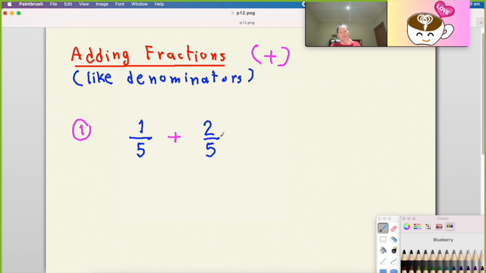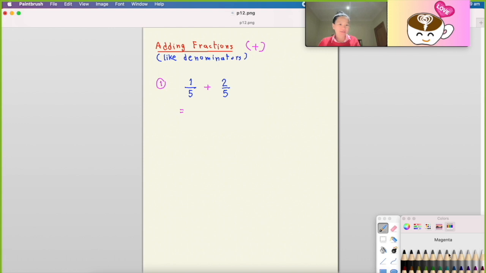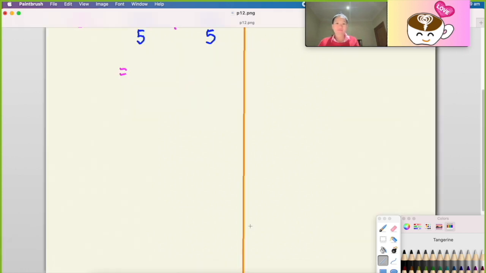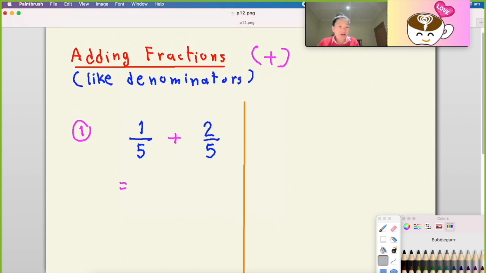Okay, Grace, remember the concept. Let me do this. I'm going to divide them into two parts like this. Our concept is, Grace, if we have the same denominator, the one on the bottom here, we just write down the denominator first.